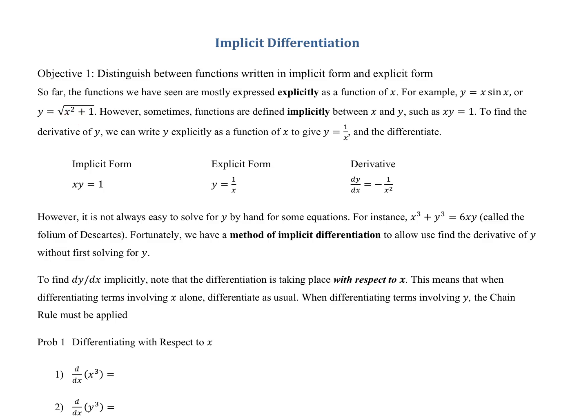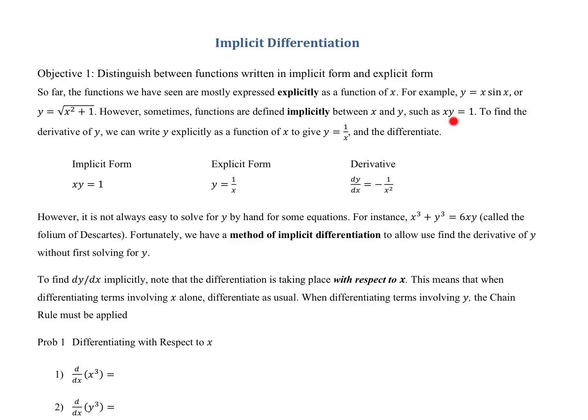Now, sometimes functions are defined implicitly between x and y. For instance, like here, x times y is 1. You don't see the function y explicitly like what we just saw earlier. It's defined as an equation.